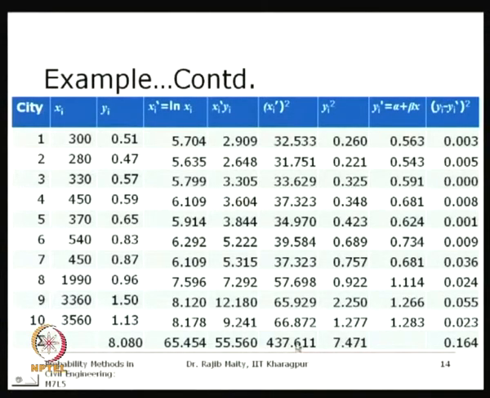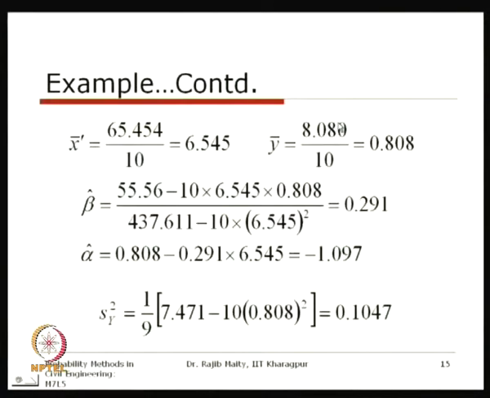Now, with the help of this information, the summation of xi prime yi, summation of xi prime square, summation of yi square, we can get the mean of this x prime, which is 6.545, and y bar is 0.808.